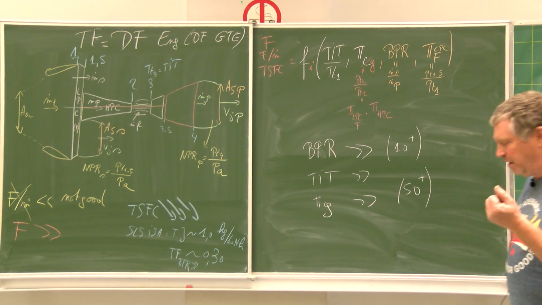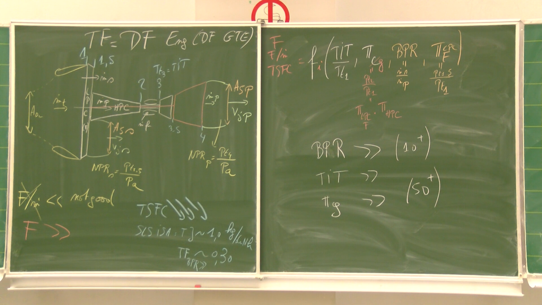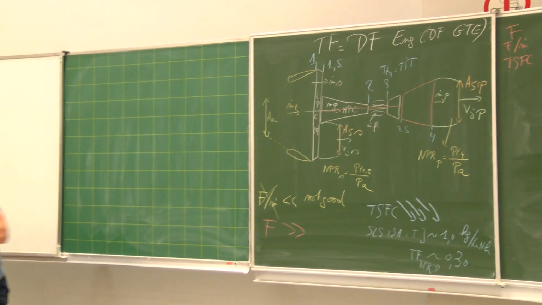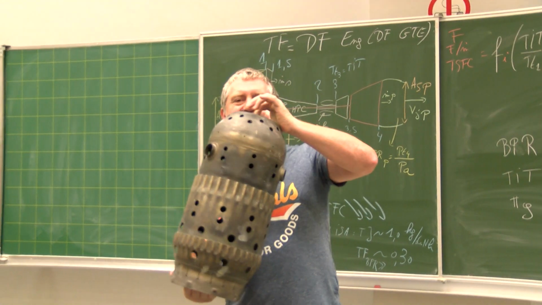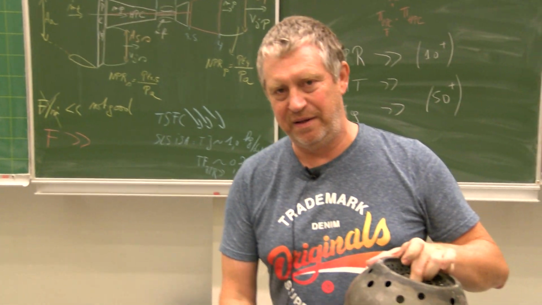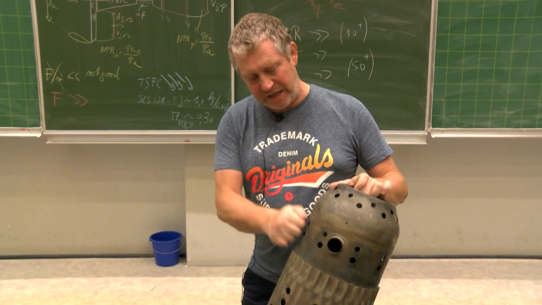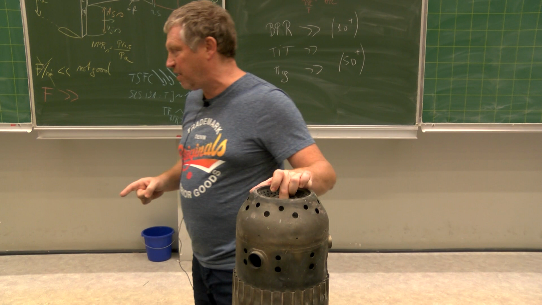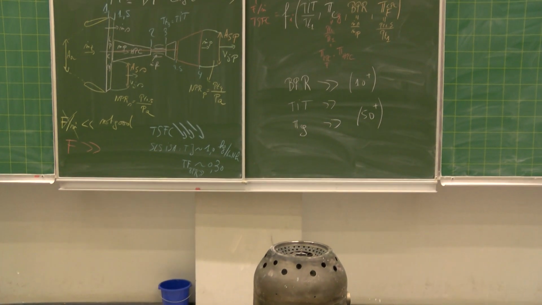Can you imagine? So you take a combustion chamber like this one, and inside the combustion chamber you have a pressure of 50 bar at takeoff. So you see the thin plate that we have here, and here we have 50 bar at takeoff. So huge pressure inside the system.